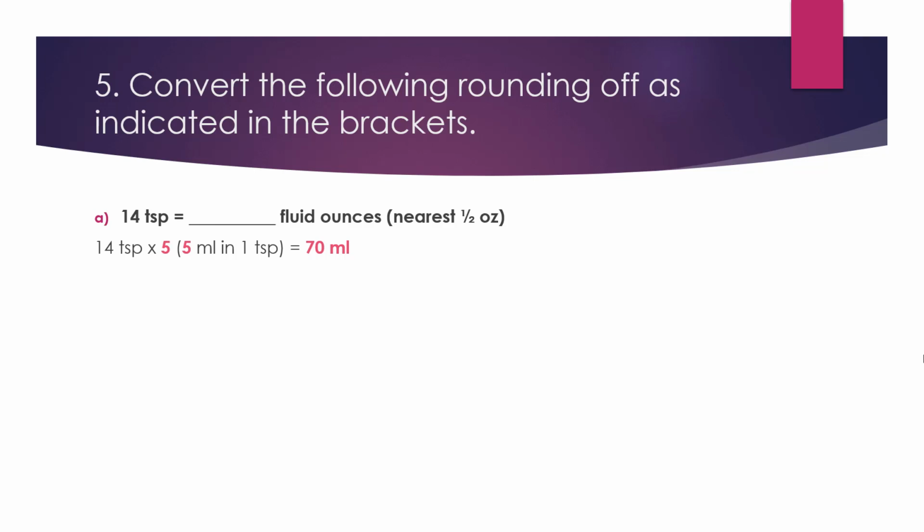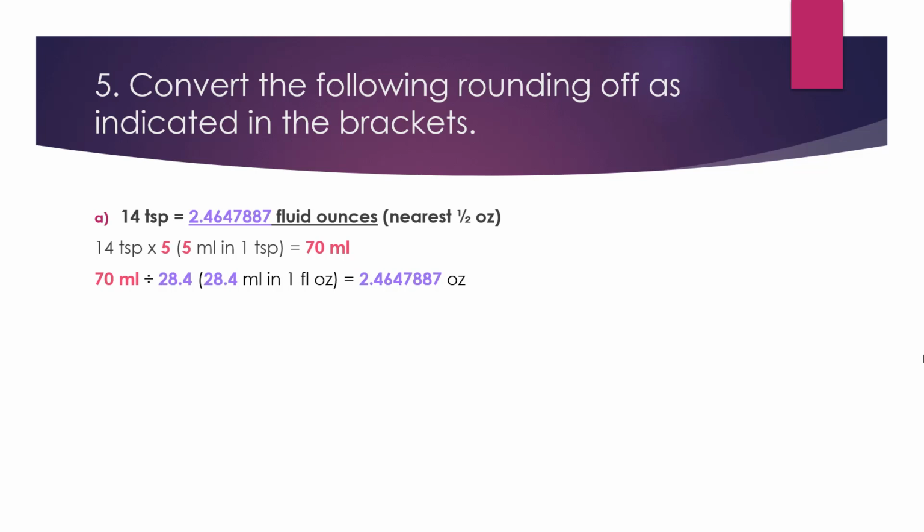Great. Now let's convert 70 milliliters to fluid ounces, keeping in mind that we need 28.4 milliliters to make 1 fluid ounce. So how many times does 28.4 fit into 70 mils? Well, we're going to divide 70 by 28.4, the amount of milliliters in a fluid ounce, and we get 2.4647887 ounces.